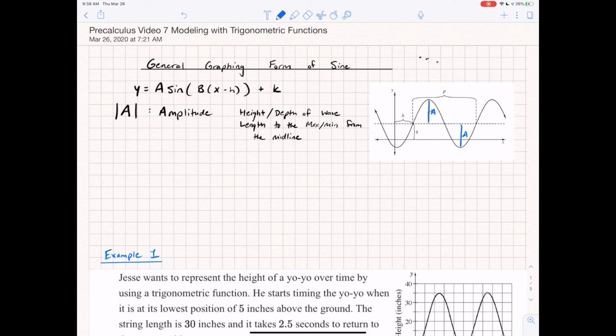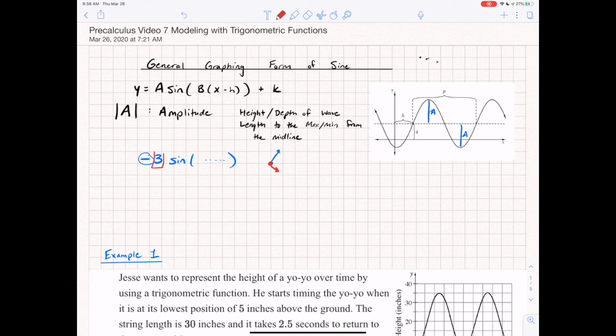Now, the reason for the absolute value, and this is something that I didn't hit on very much in the previous video, and that we'll actually use in the first example, is that your function can technically be negative. So for example, if I gave you negative 3 sine of something, what this negative is doing, remember, is flipping your graph. So instead of sine, which generally starts in the middle and then goes up, this negative tells me that I'm still going to start in the middle, but now travel down.